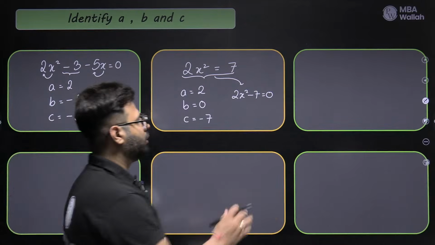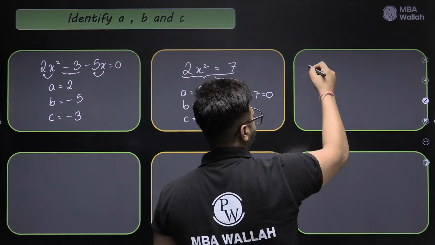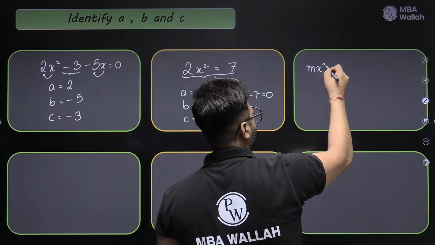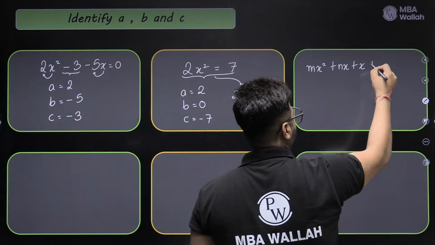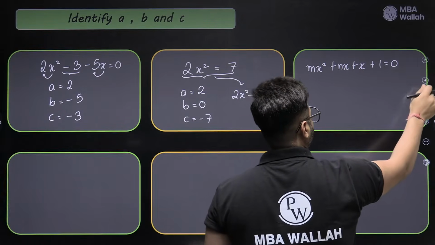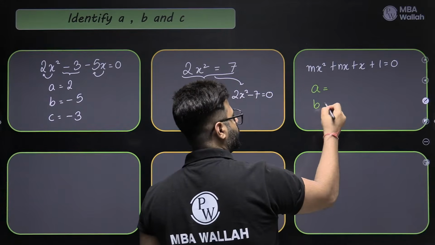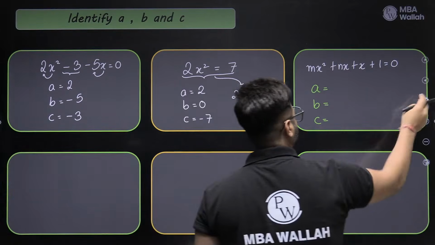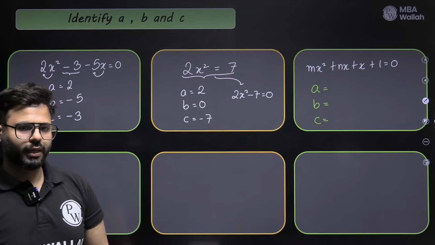Okay. All right. So guys, what about this one? If I tell you, let us say mx square plus nx plus x plus 1 equals to 0. What is the value of A, B, and C? Come on, try. So what's A, B, and C here?